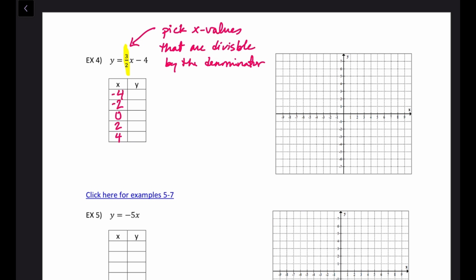So we do have to adjust the x values that we pick every once in a while if the x has a fraction attached to it. The rest of it is the same. We're going to be using the 3/2 times our value that we picked, minus 4.